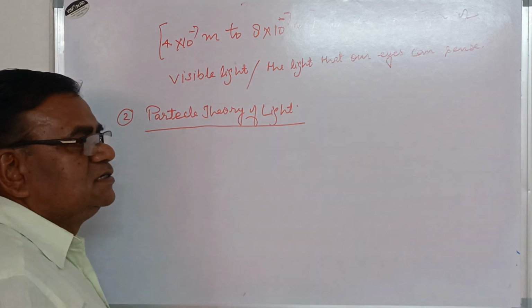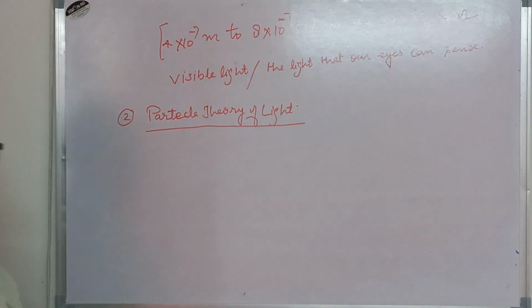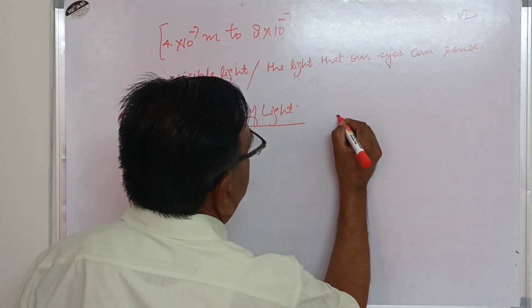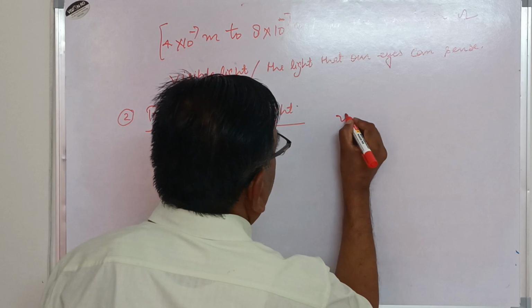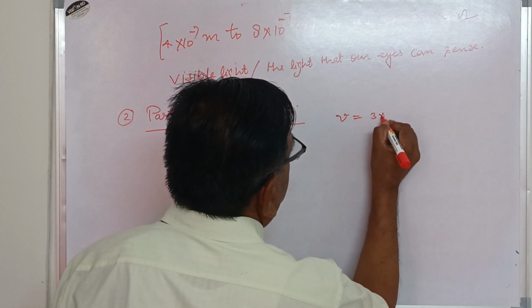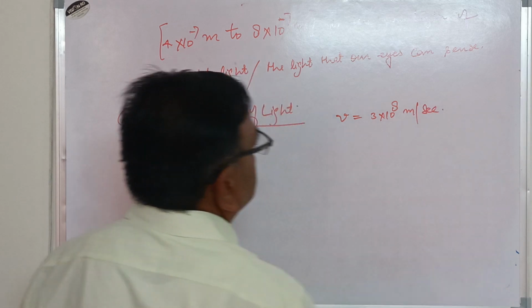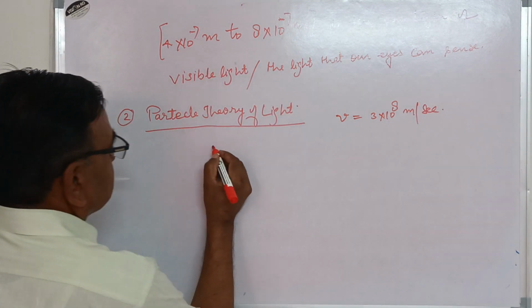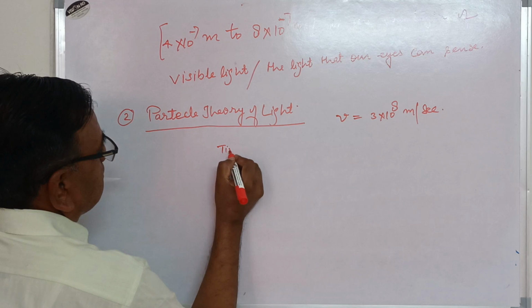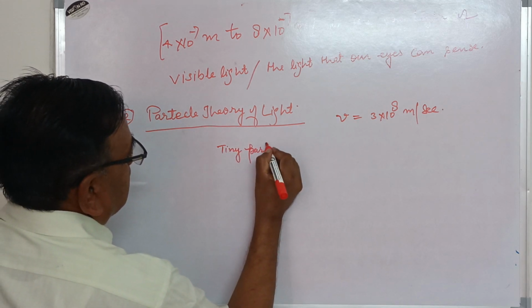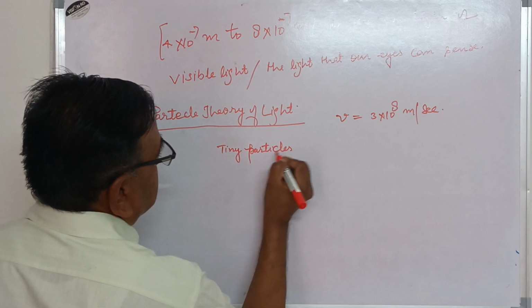High speed, you know the velocity of light. The velocity of light is V equal to 3 into 10 to the power 8 meter per second. The small, very tiny particles.